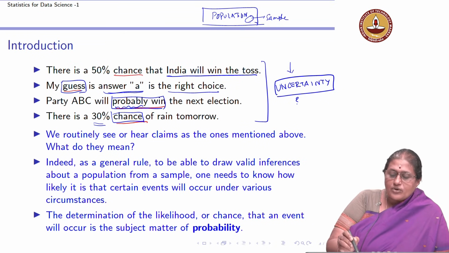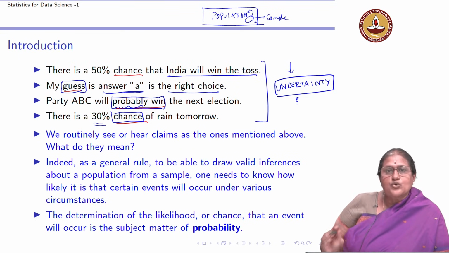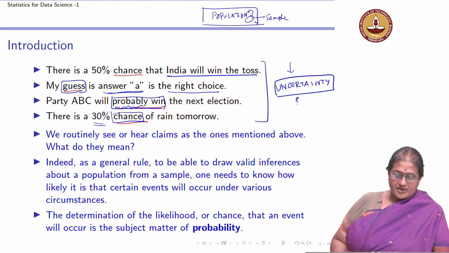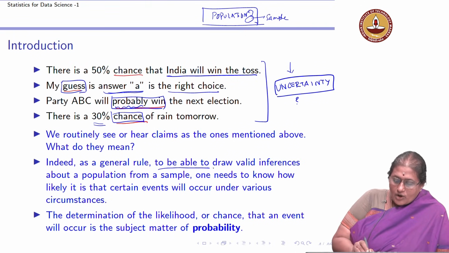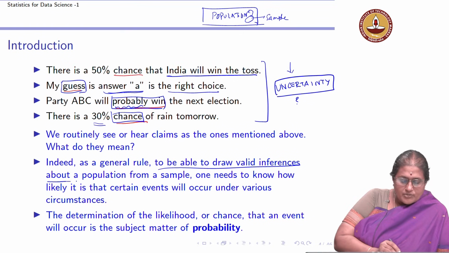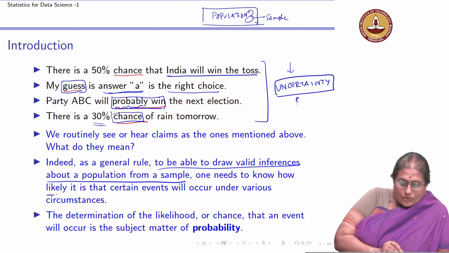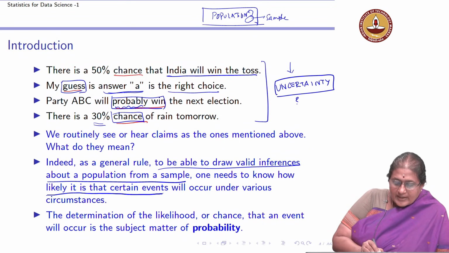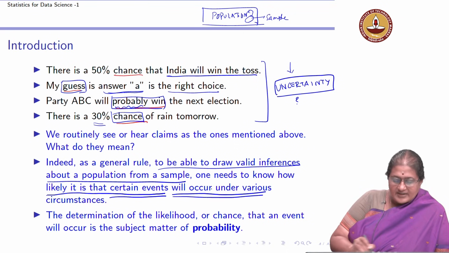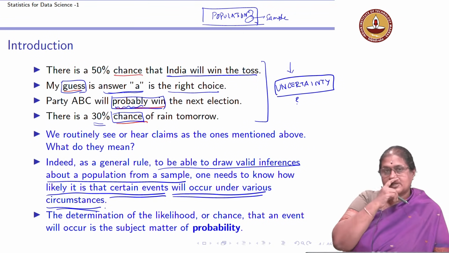And I said I want to draw valid inferences about this larger set using the smaller subset. So, if I want to draw valid inferences about a population from a sample, I need to know how likely it is that certain events will occur under certain circumstances.